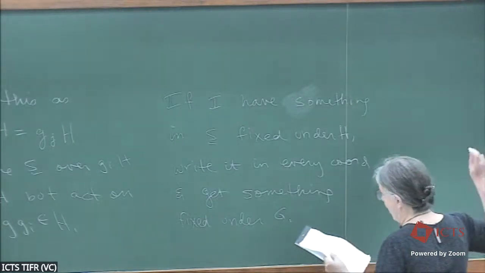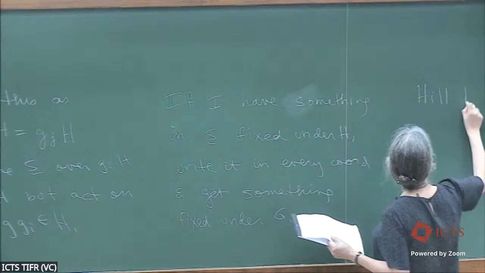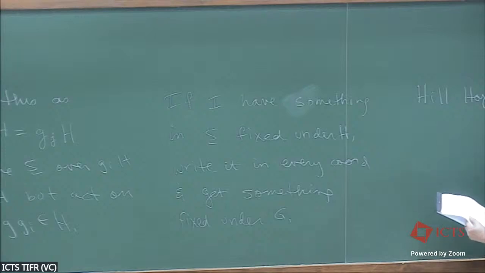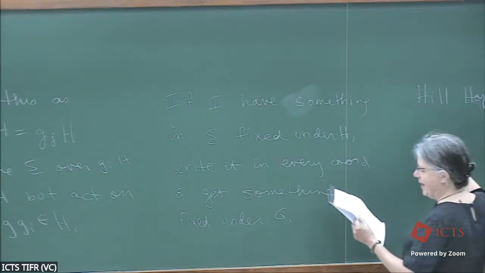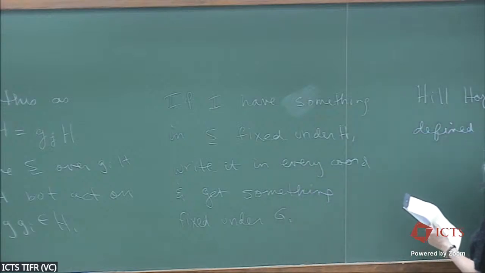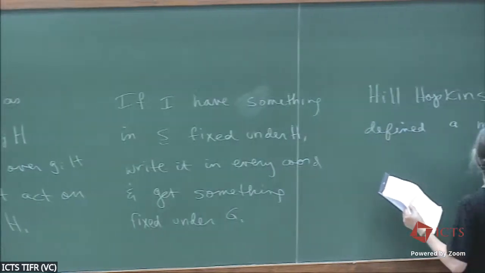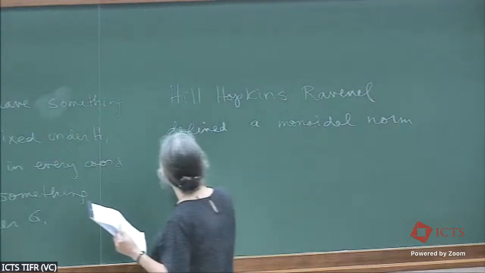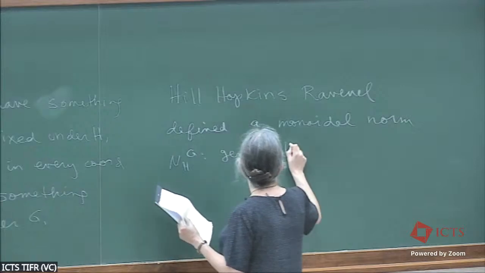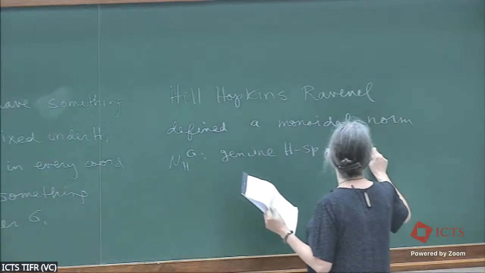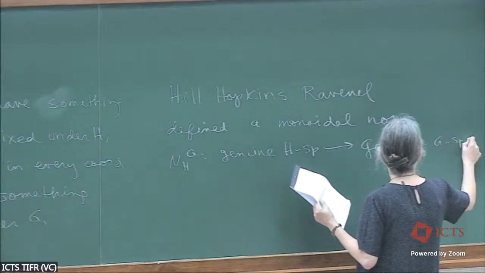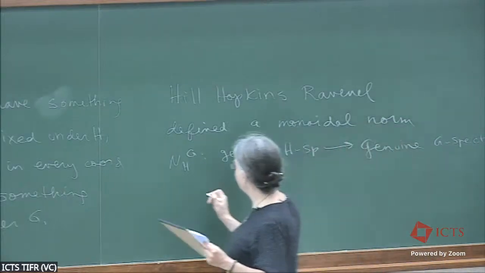Now, Hill-Hopkins-Ravenel did this in a modern way. So they defined a monoidal norm N_H^G from genuine H spectra to genuine G spectra on a point set level.